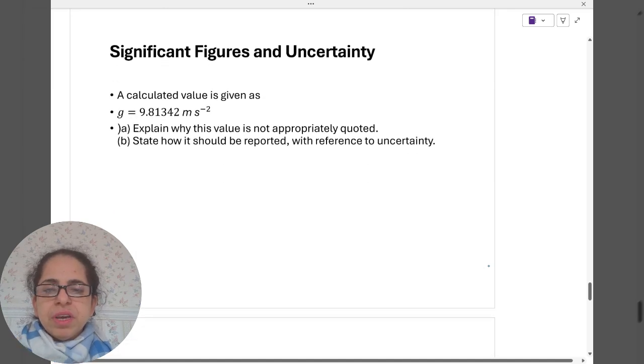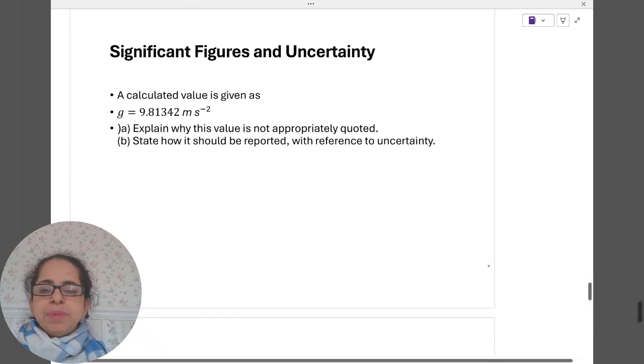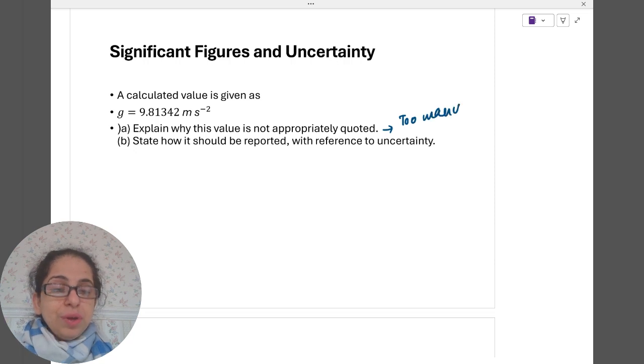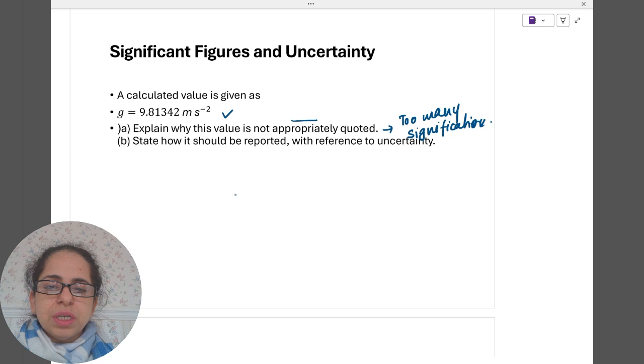The significant figures and uncertainty: a calculated value is given. Explain why this value is not appropriately quoted. The answer is that it has too many significant figures. Here's a hint: when you're doing your exam papers and writing your answers, do not write your answer like this because it's too many significant figures, not appropriately quoted.